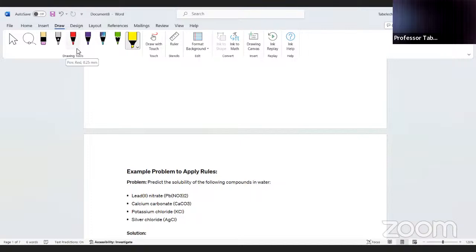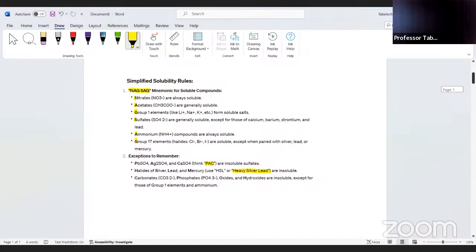So let's take a look. Lead 2 nitrate. Is that soluble in water or insoluble? So think about the rule for lead and nitrates. If you go up here to what we were talking about before, NAG SAG, nitrates, and then we talked about lead, but it's only concerning sulfate attachments.